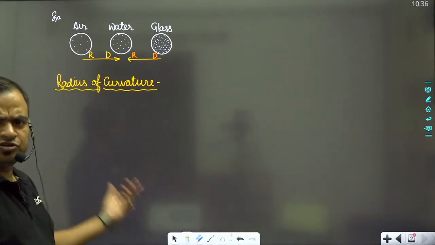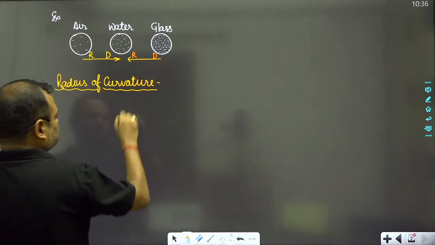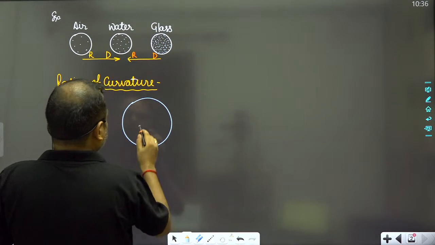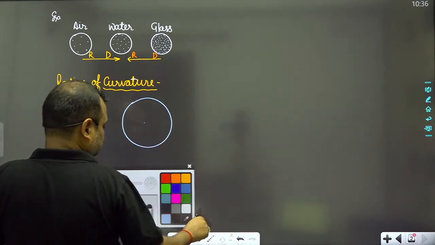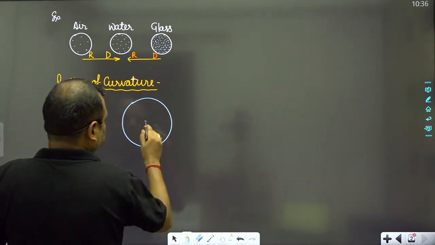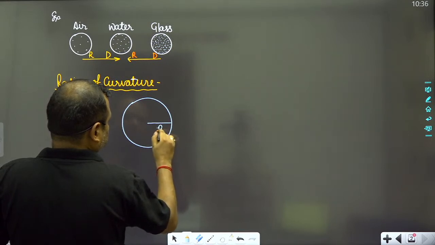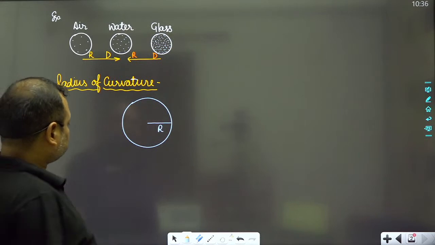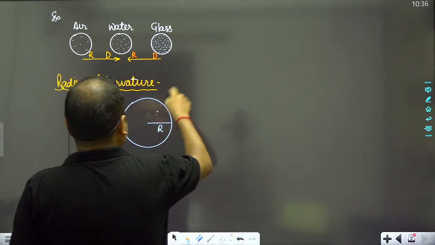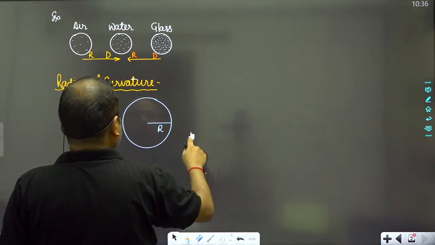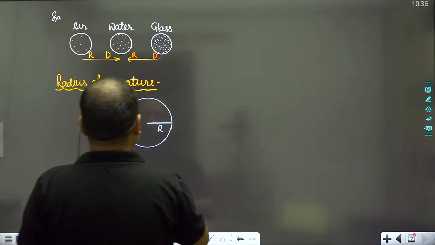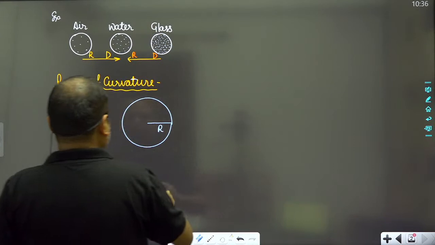Actually, when we talk about the radius of a circle, suppose that this is a circle and this is the radius, which is r. You all know that the radius of this circle is not equal to 0.